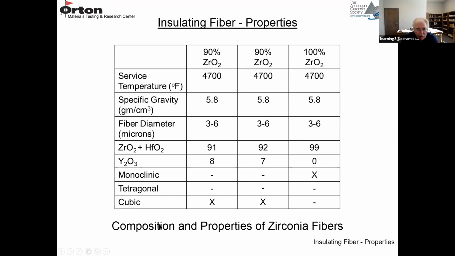When you put it in the cubic form, you eliminate phase transitions, similar to the phase transitions that were in silica, like the alpha beta quartz transition. So these have no transformations. There's also a third phase, tetragonal. So this one is not stabilized. These two are.